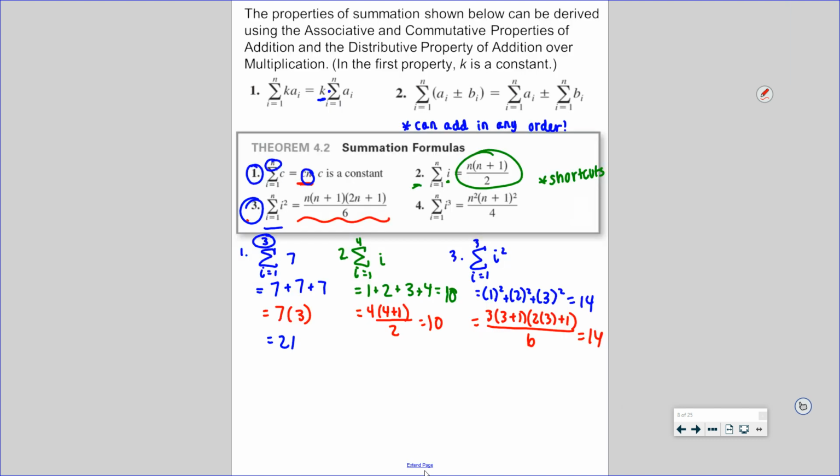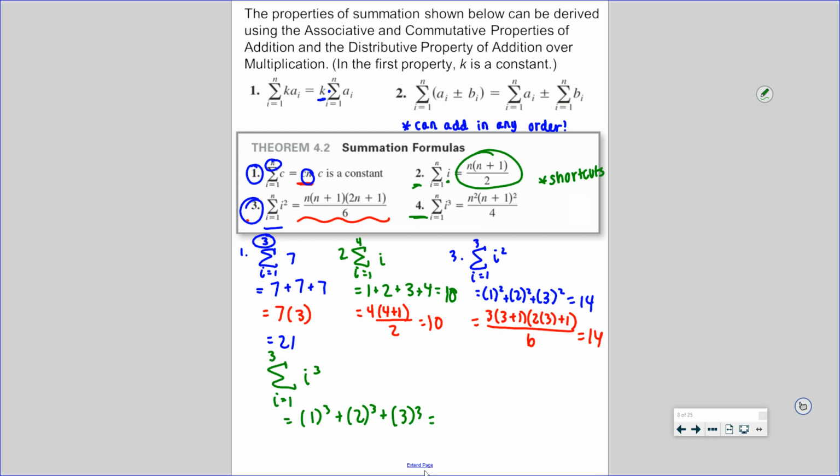Okay, one more, I'll just show you quick. Number 4. If my rule is i being cubed, I think I did 3 for this one as well. Let's just say we have 3 terms here. We could find this by doing 1 cubed plus 2 cubed plus 3 cubed. That's what that summation says.